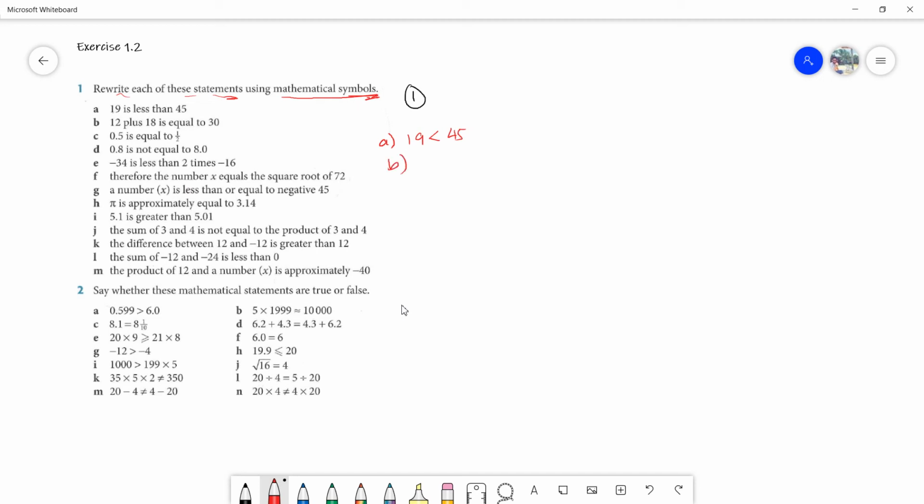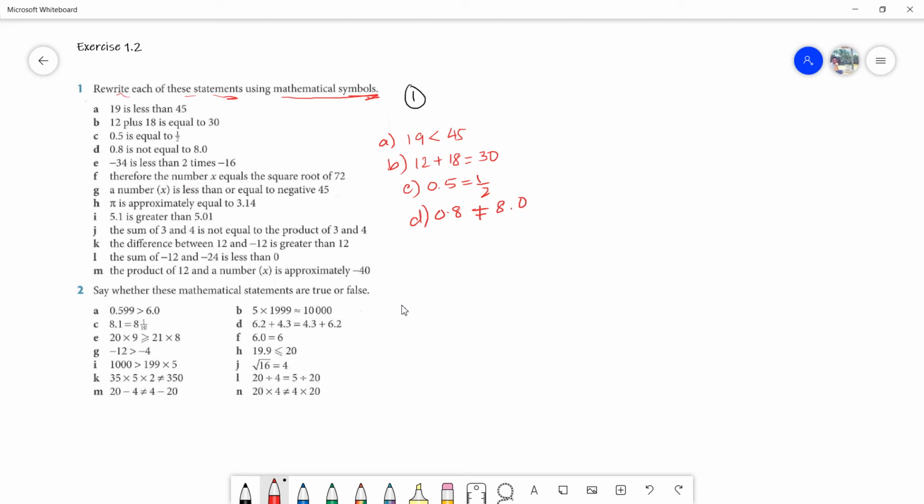We have B. 12 plus 18 is equal to 30. That's it. Then C. 0.5 is equal to half. Then we have D. 0.8 is not equal to 8.0.